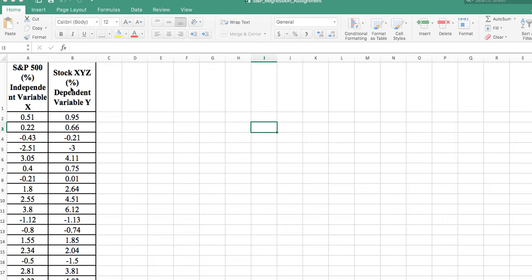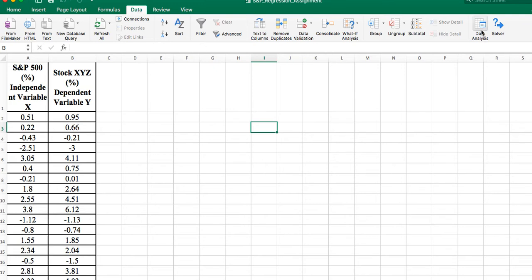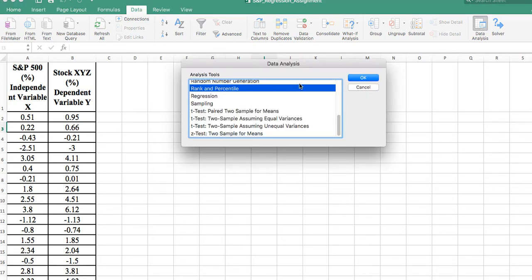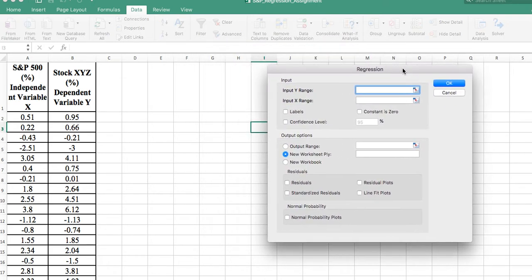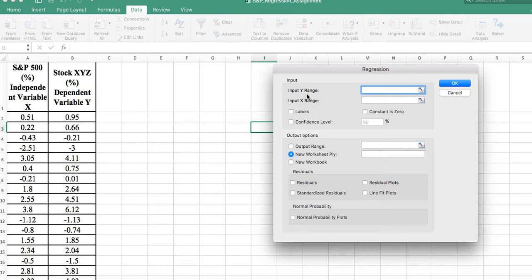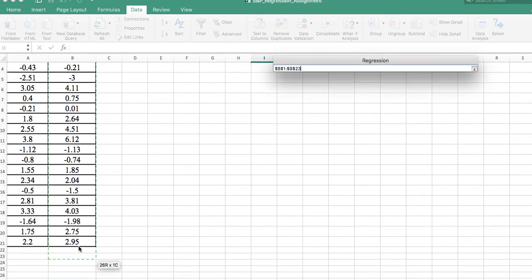To do that, we will go through what we normally go through. We'll look at data, take our data analysis, and come back here to regression. We'll say, okay, we have to look at the Y range, and of course, the Y range is our stock, that's my dependent variable.